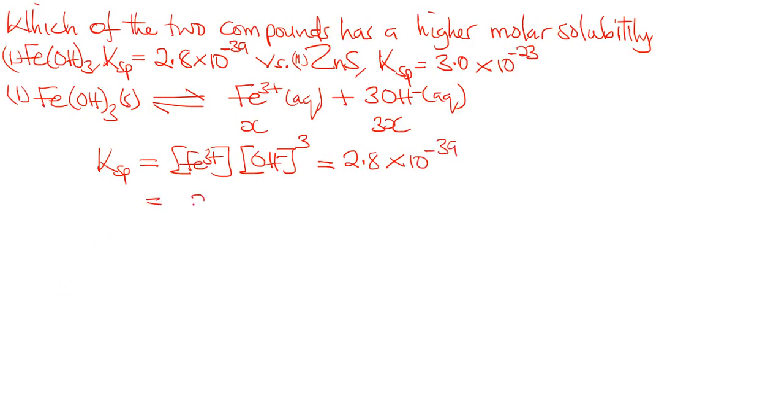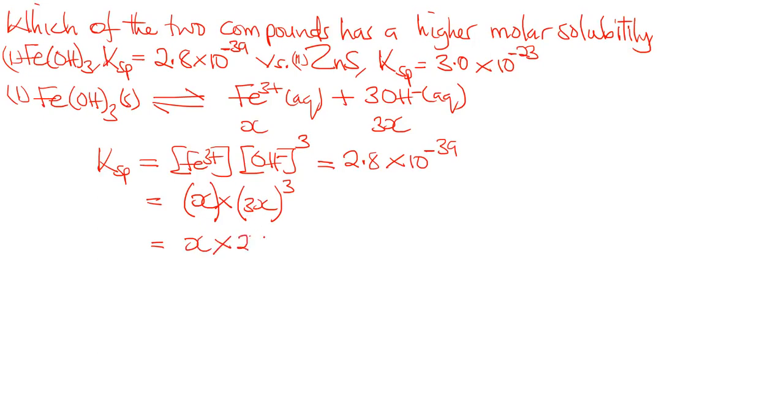This one gives us X times, so I'll put this one in parentheses, times 3X to the power 3, which is 3X or 9X. So that is X times 3 cubed is 27.